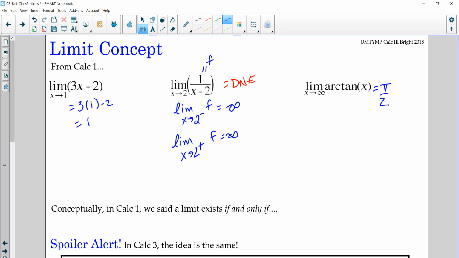Conceptually, when we were thinking of a limit in Calc 1, we said a limit exists if and only if the left hand limit is equal to the right hand limit.